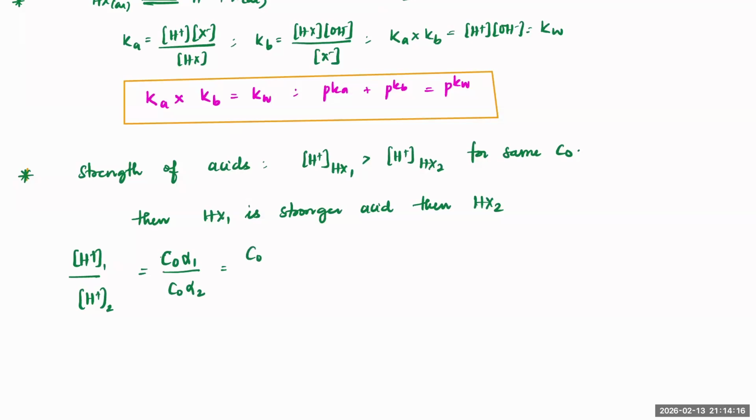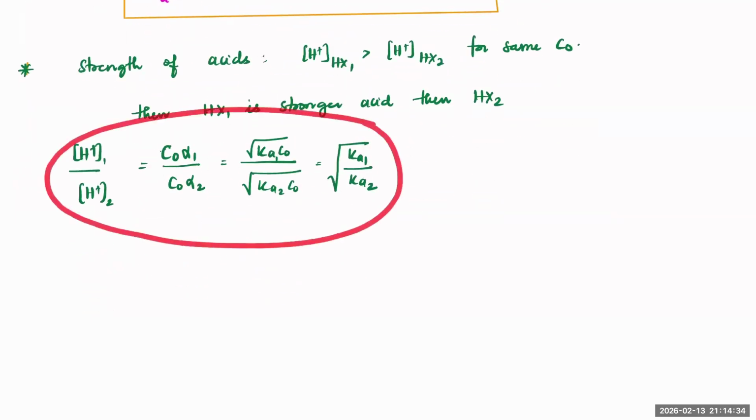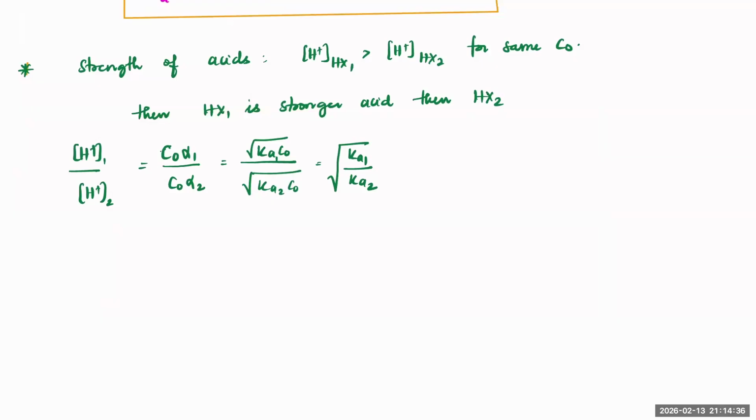And you know that this can also be replaced as under root of Ka1 C naught by under root of Ka2 C naught. So that is equal to under root of Ka1 by Ka2. This is how you relate the strength of acids, or the comparison of acids.